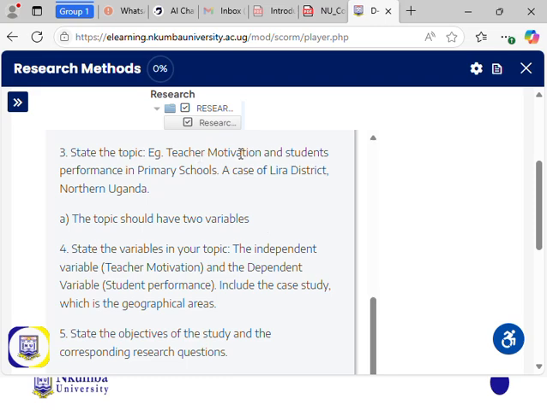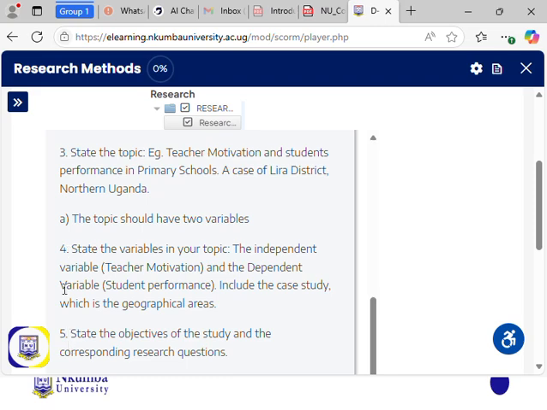So we are seeing that those variables are there. Independent variable, teacher motivation. I'm actually not supposed to put a number here, because it's not a process.